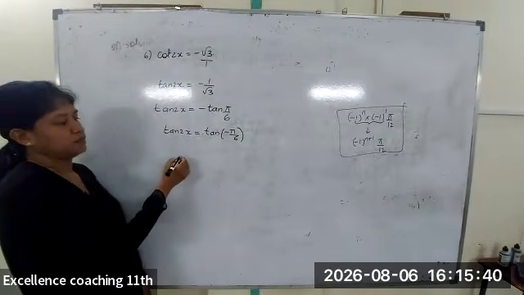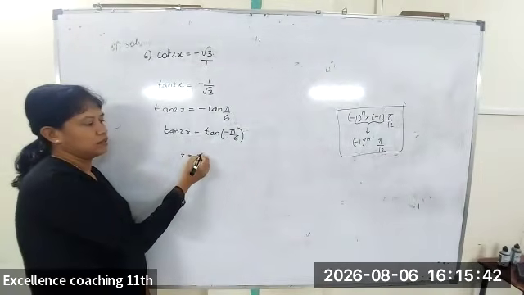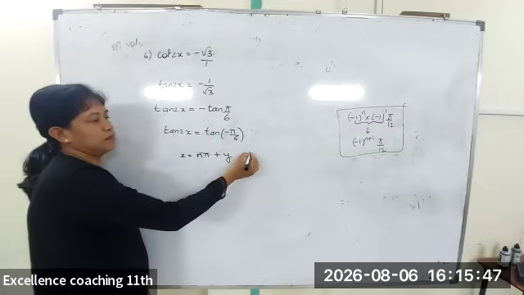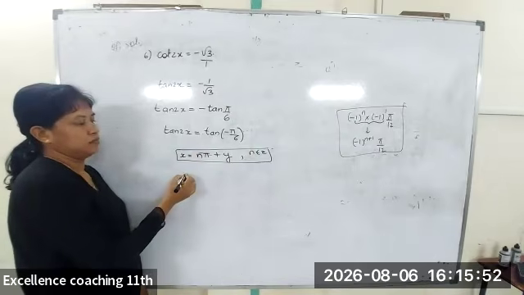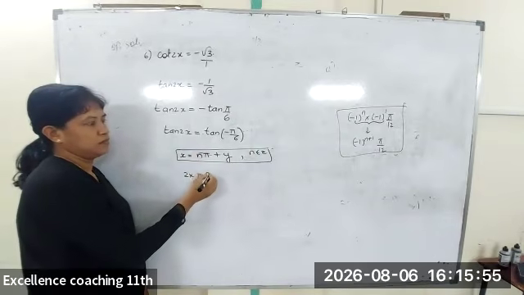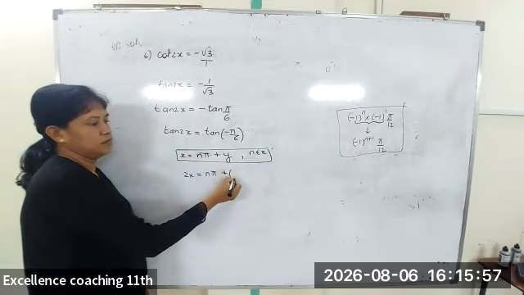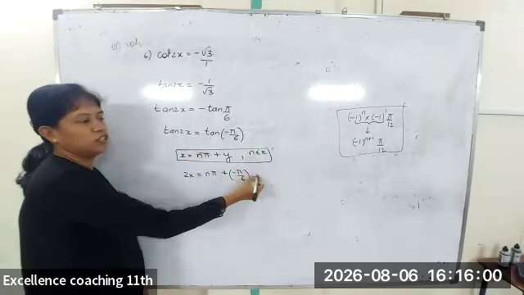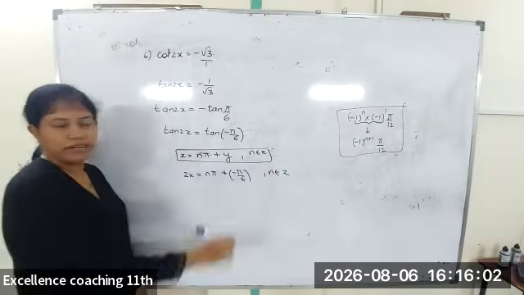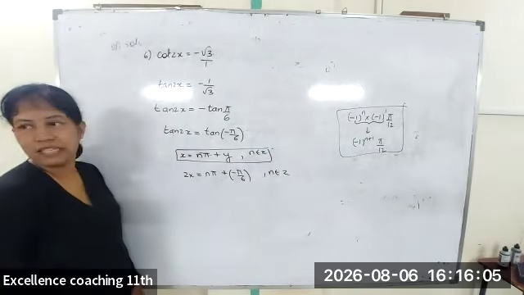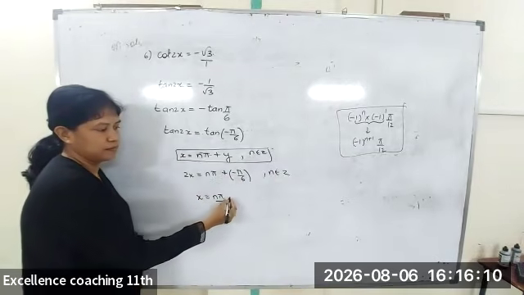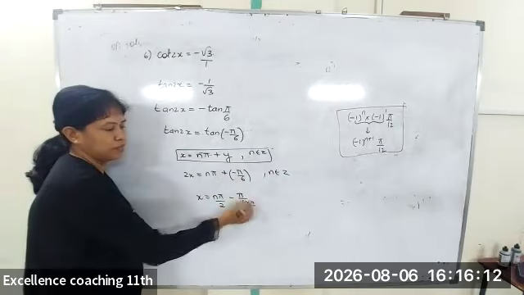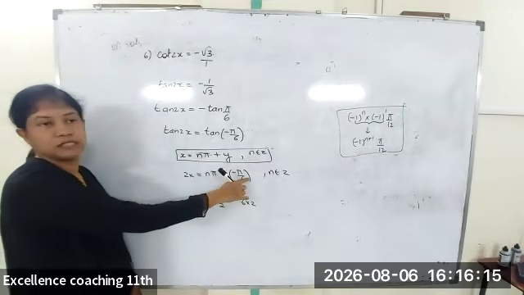Now compare. Or directly also you can write y value is minus pi by 5. So plus into minus anyways will be minus. 2 will go down here, both the places.